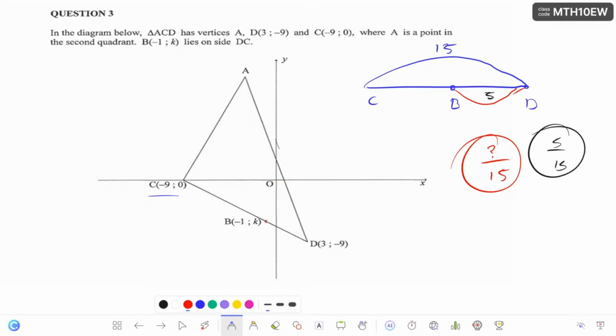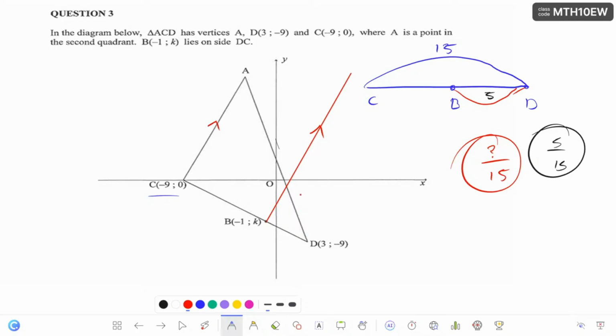So this is the line they are talking about, and this line is parallel to this one.